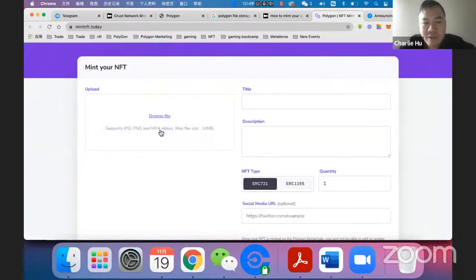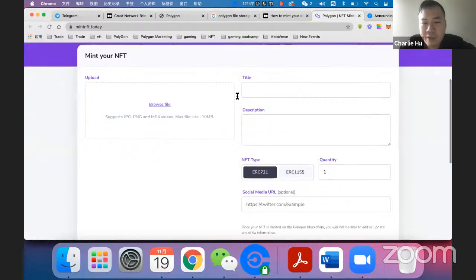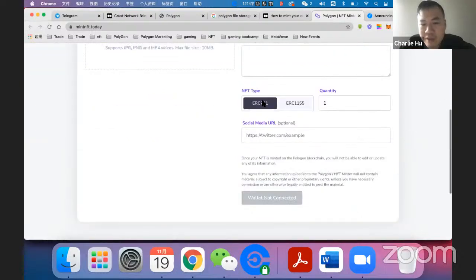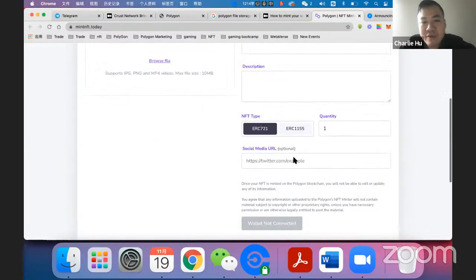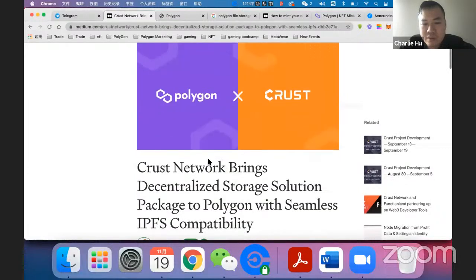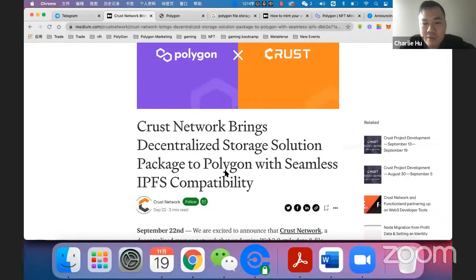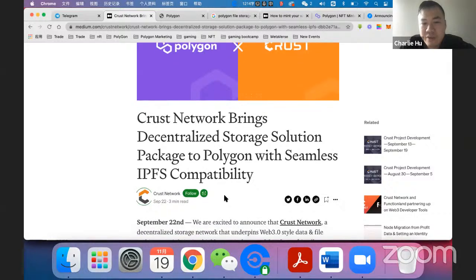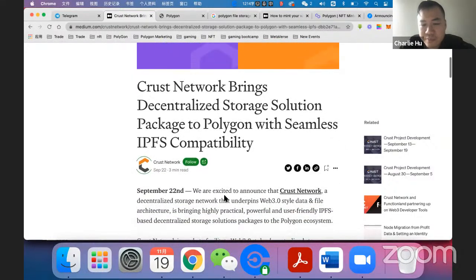And this is the NFT minter for uploading JPEG or MP4 files and creating ERC 721 or 1155. So I think with the Crust Network integration, what we are really looking for is that most of the new NFT assets minted on Polygon can have seamless integration for file storage.